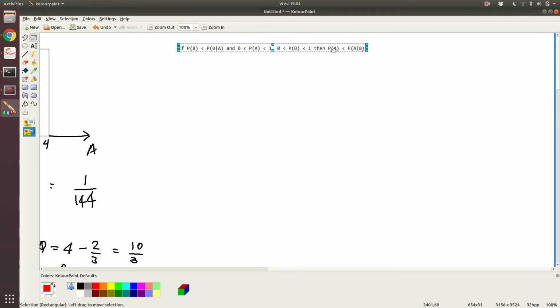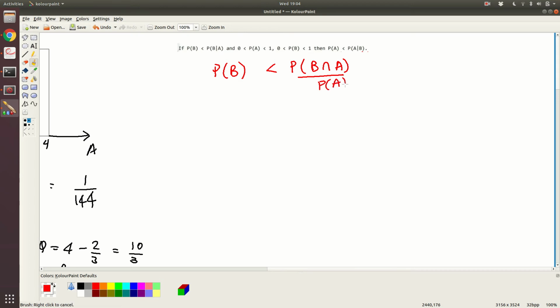Okay, so P of B is less than P of B given A. So that is what the statement is saying. So let us see what that means if we write it in terms of the math. So P of B is less than P of B intersection A divided by P of A. Okay, so now this is what is given.